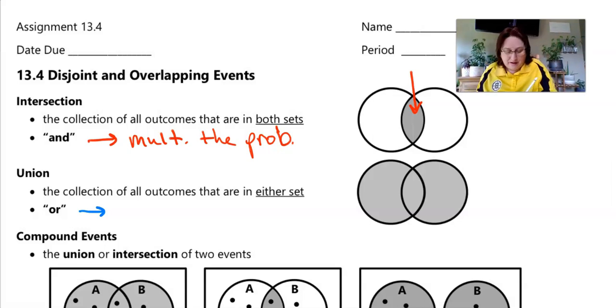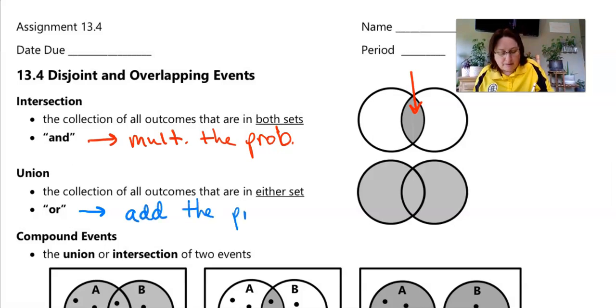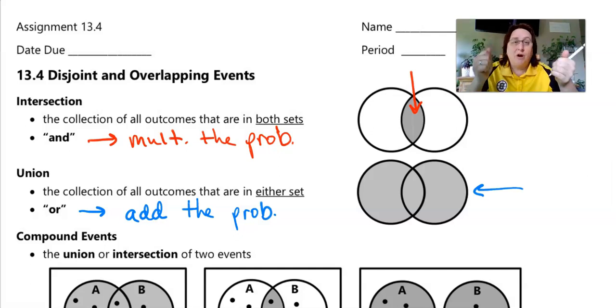When you see that, "or" means you're going to add the probabilities. And this is what that Venn diagram looks like. Whether it's a king, a heart, or both a king and a heart, we want the union. The union is the collection of all those outcomes.